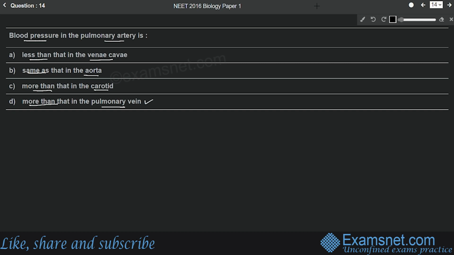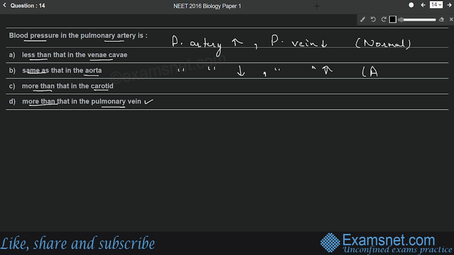Okay, so in normal condition, what happens? The blood pressure in the pulmonary artery is more as compared to the pulmonary vein. This is the normal condition. But if the blood pressure in pulmonary artery becomes lower as compared to the blood pressure in the pulmonary vein, then what will happen?